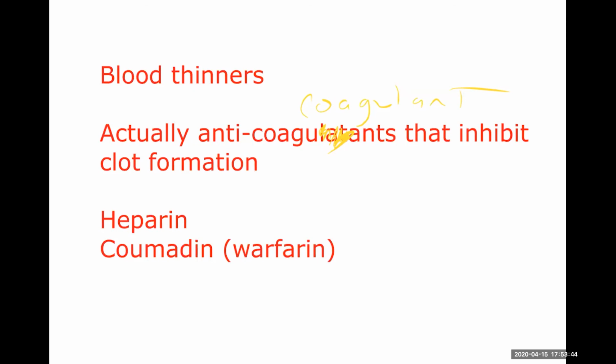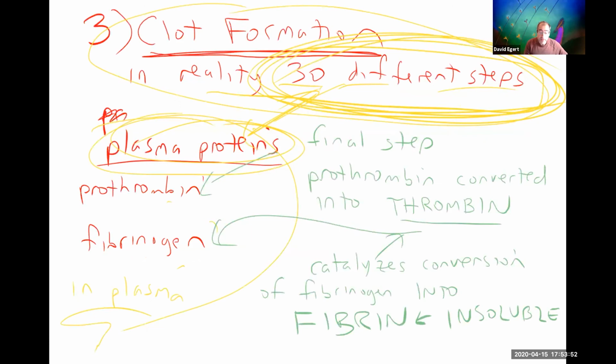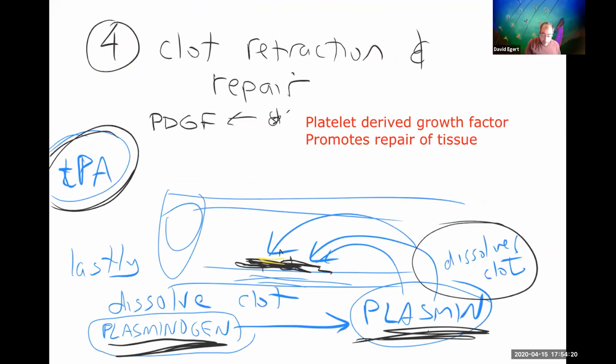And you can't repair. It's basically going to be the same idea of what I was talking about with hemophilia, right? Hemophilia is if you are not having this process going properly, where you have clot formation happening. So if you have too much of this blood thinner drug, it's the same basic idea. It means that when the blood vessels are damaged, for whatever reason, you're not going to make the clot and you're going to keep leaking.